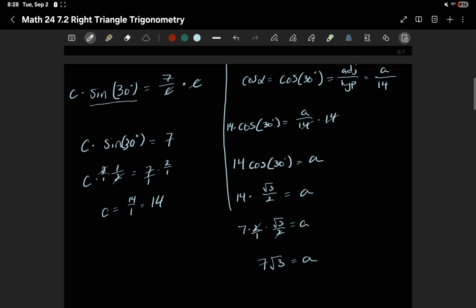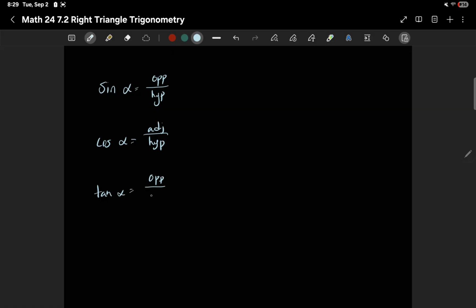All right, so I'm going to jot down some of the things that I think were important today. So what did we learn? Well, we have sine of alpha, which is opposite over hypotenuse. Cosine of alpha is equal to adjacent over hypotenuse. Tangent of alpha is opposite over adjacent.